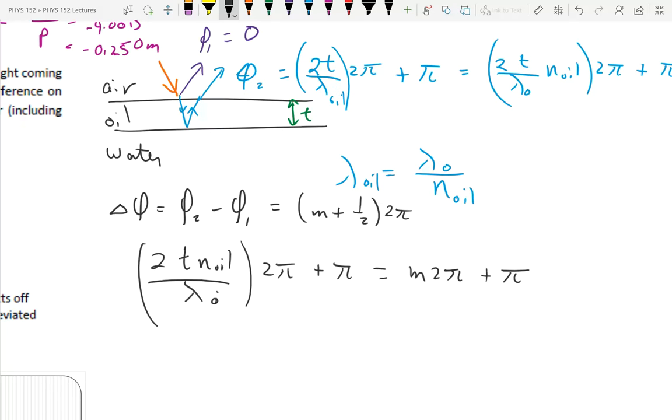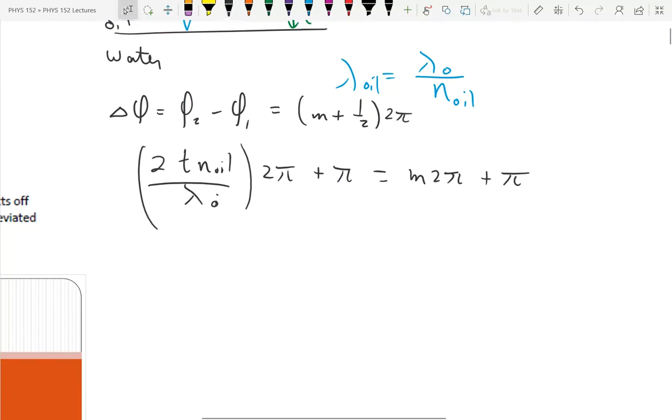And you notice on the right-hand side, I distributed my m plus 1/2. And now I need to solve for thickness. So now we see where my error occurred. Subtract the pi's from both sides and they disappear.